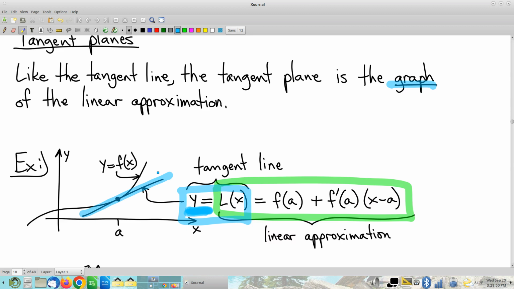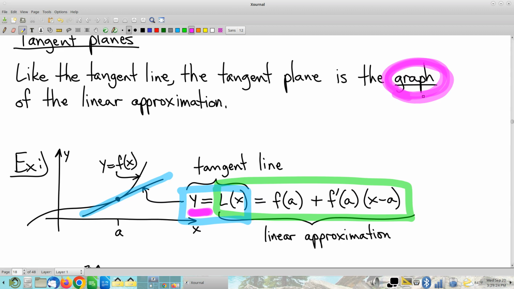And to refer to the function that is the linear approximation as being the tangent line. And they're so closely related. In fact, let me change the color coding here a little bit. They're so closely related because the tangent line is the graph of the linear approximation. But again, that doesn't make them the same. That just makes them closely related to each other. So heads up on the terminology.